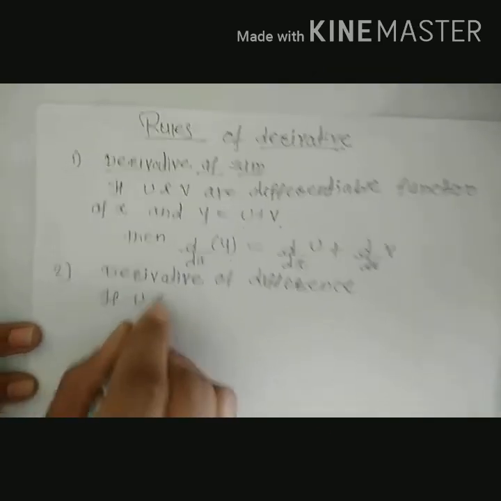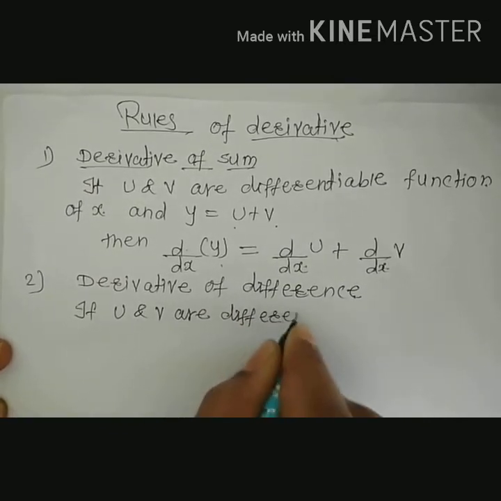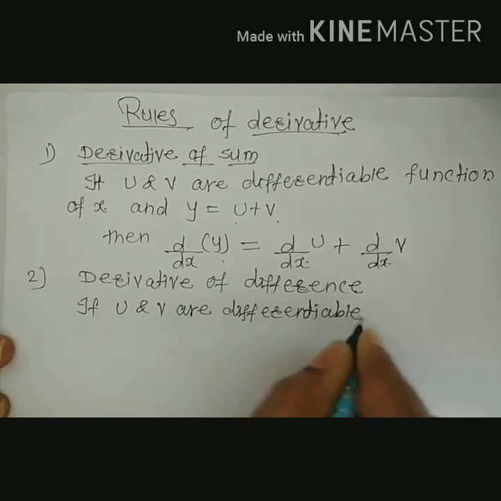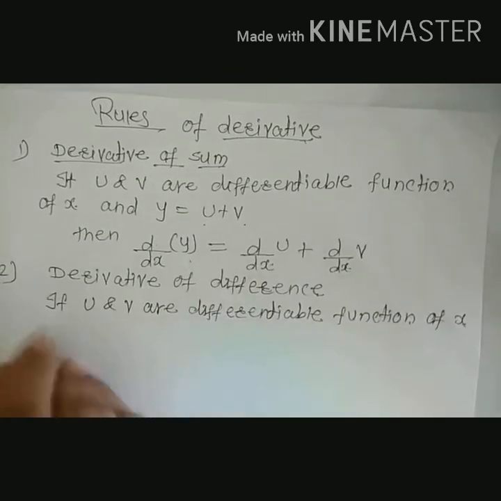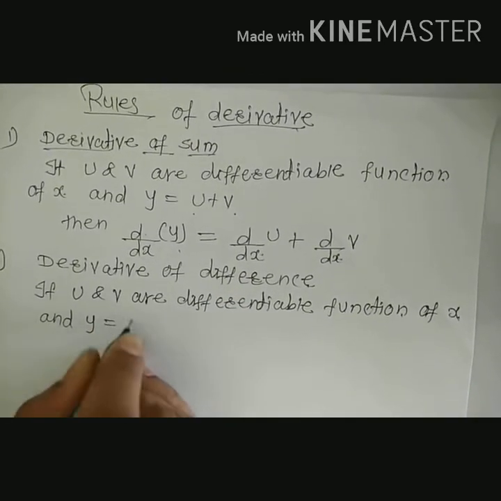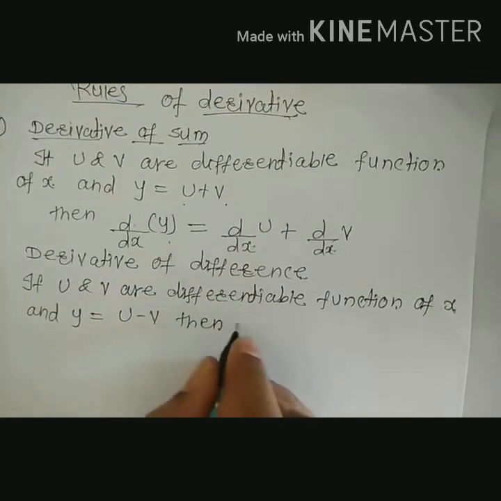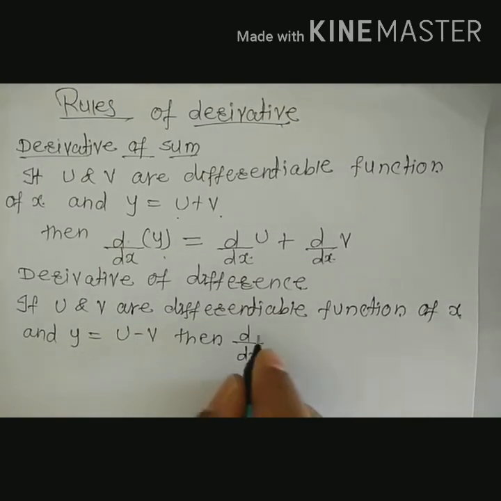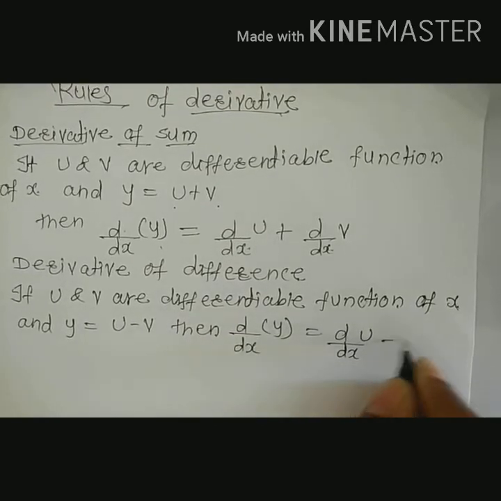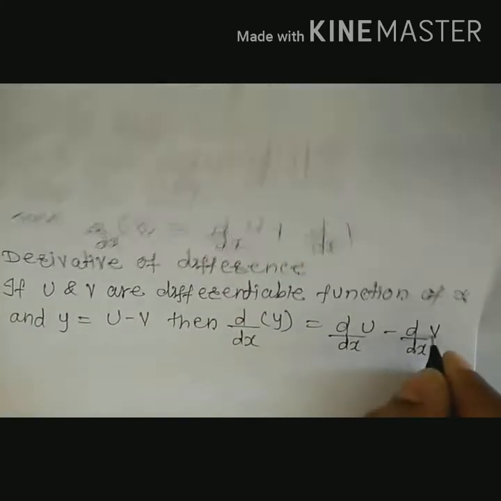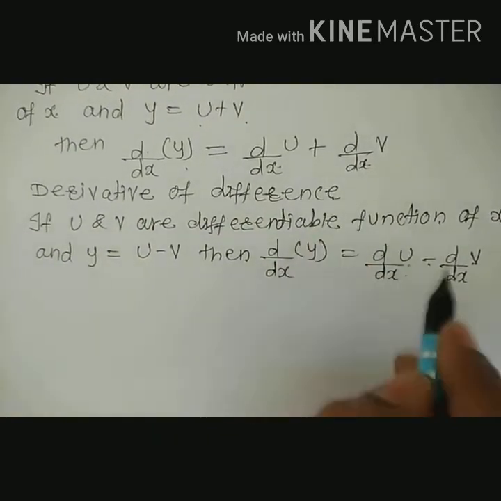If u and v are differentiable functions of x and y equal to u minus v, then the derivative of y equals the derivative of u minus the derivative of v. The sum and difference rules are the same, only the sign changes.